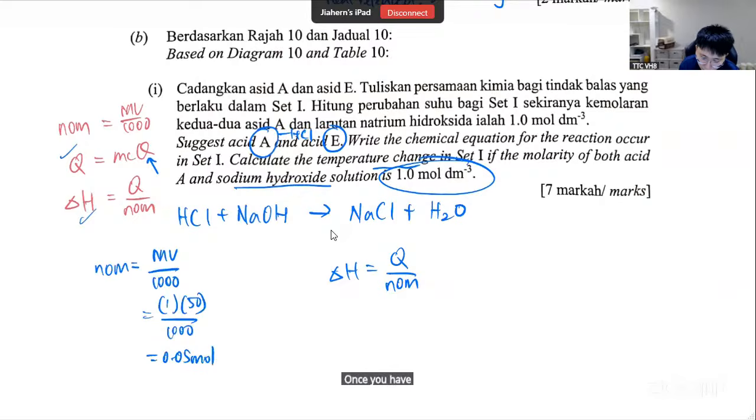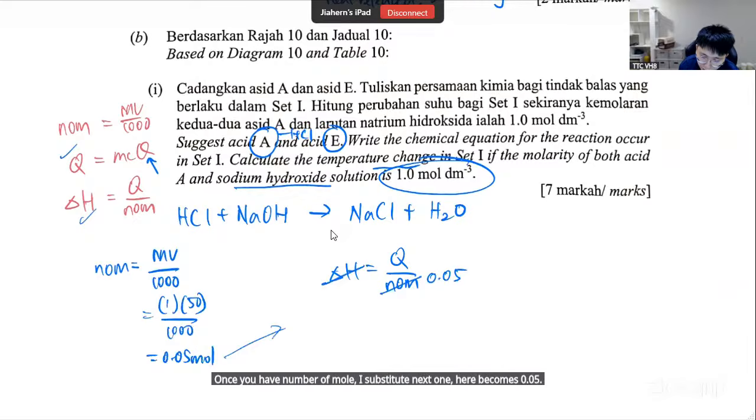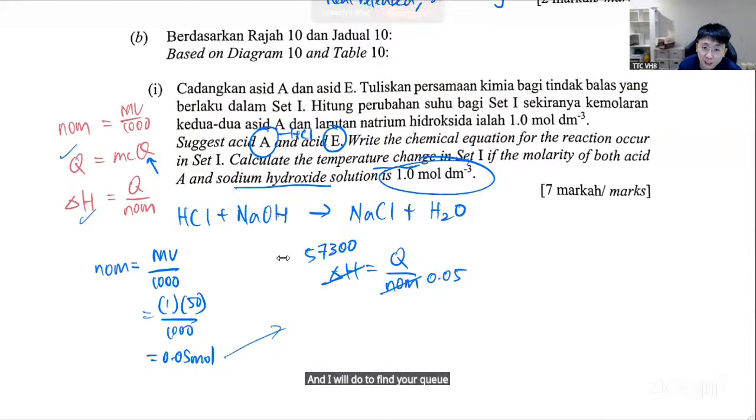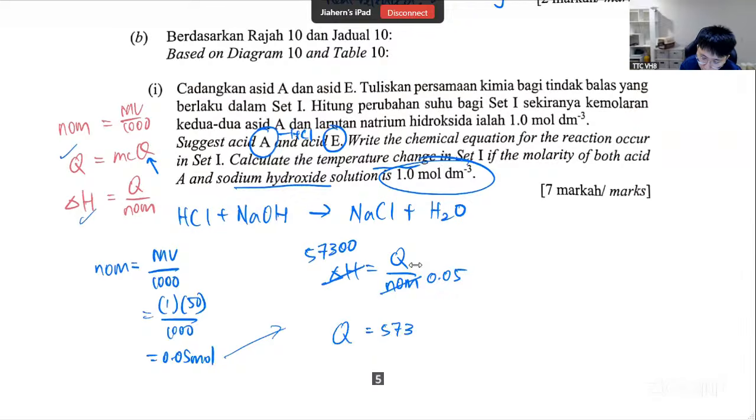Once you have number of mole, I substitute. Delta H is 57.3 kilojoule per mole, but make sure you convert to joule. So you multiply 1000, it's 57,300. And then to find your Q, Q equals 57,300 times 0.05.